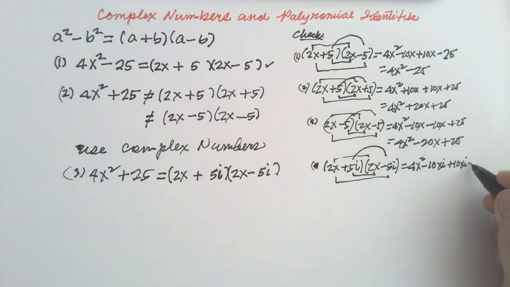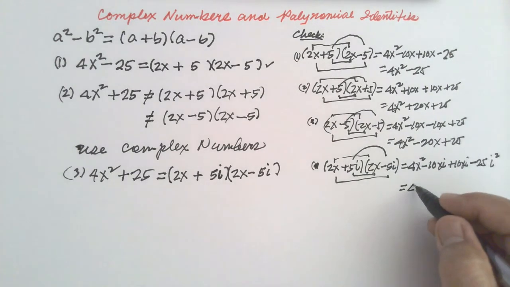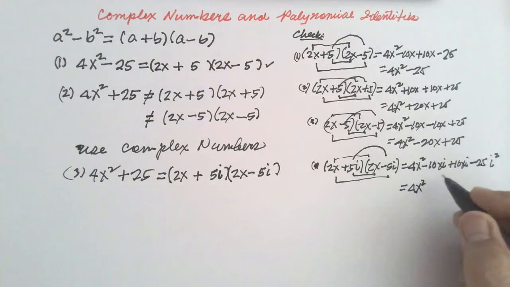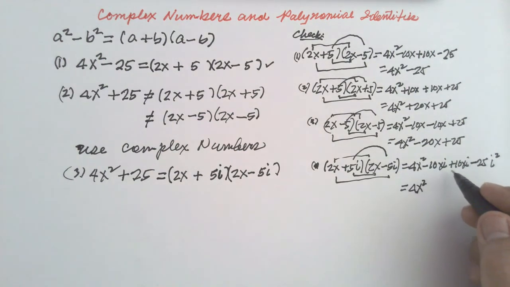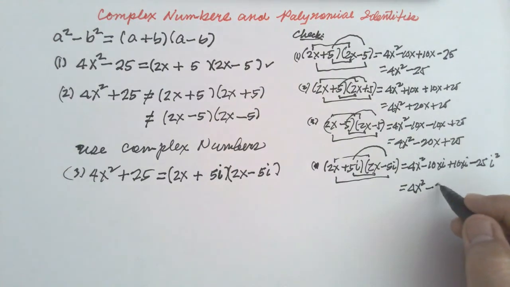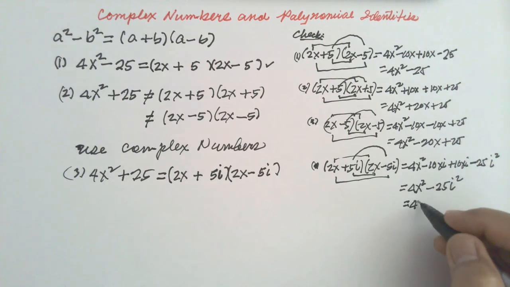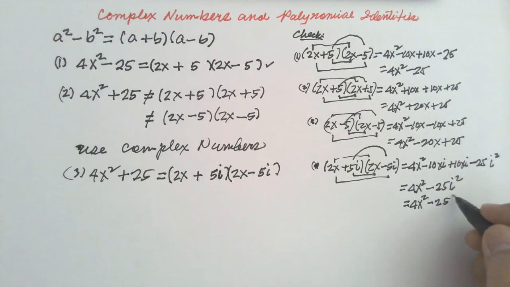Last terms, negative 25i squared. So this is now equal to 4x squared, negative 10xi, positive 10xi, 0. So minus 25i squared.